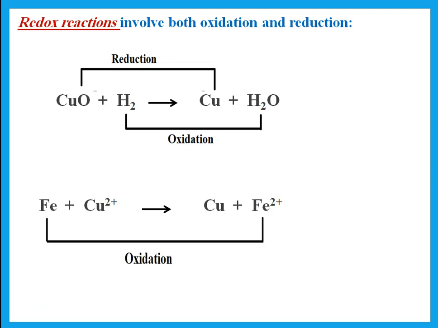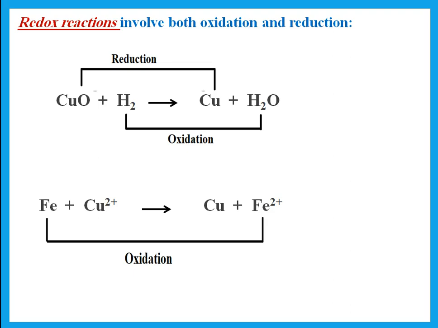Second equation, the Fe has changed to Fe2+. If we say with respect to transfer of electrons, well, that means that the Fe has lost electrons, and that is oxidation. If we say with respect to the oxidation number, well, the Fe has no charge on it, so the oxidation number is 0. It changed to Fe2+, that means it changed from 0 to +2.